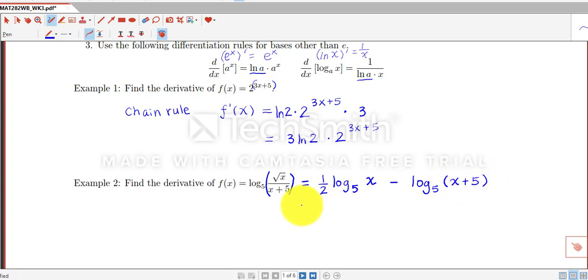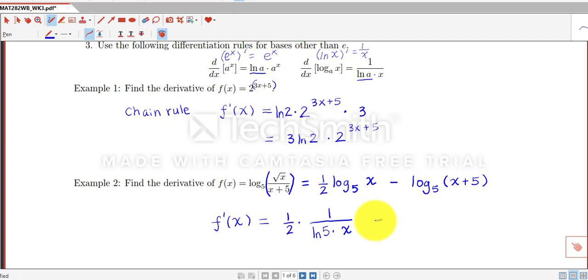Now once we simplify the function, it will be very easy to find the derivative applying the rules that we already know. Derivative of the first term, we get 1/2, constant remains. Log base 5, we use the rule for the derivative of log base a. So we will have 1 over ln of 5 times the inner function, which is x.